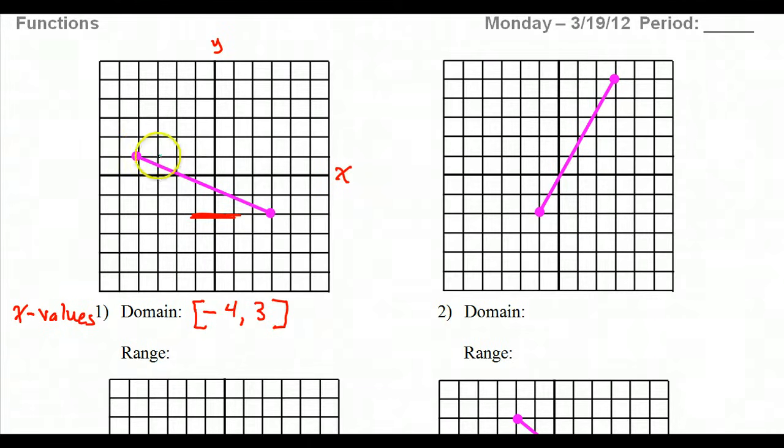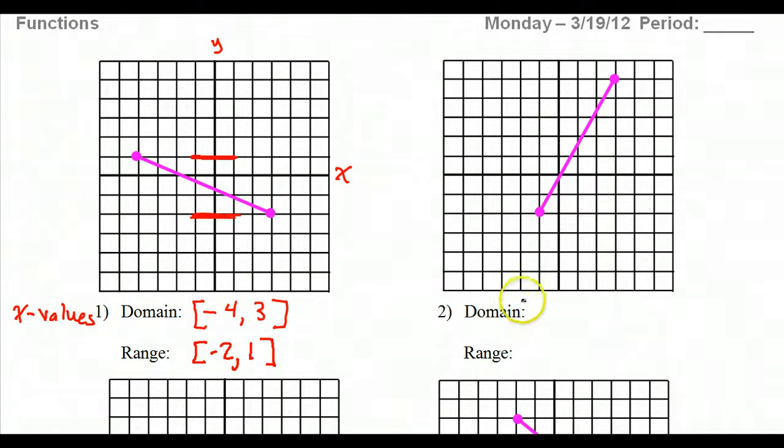The highest point is here. So as far as y values go, this is the high mark of the function. So the range will be the y values from -2 to +1. Again, we will use the square brackets to show that the endpoints are included in the function. All right, so that's domain and range.